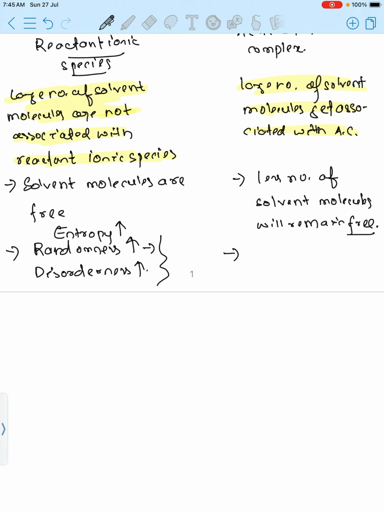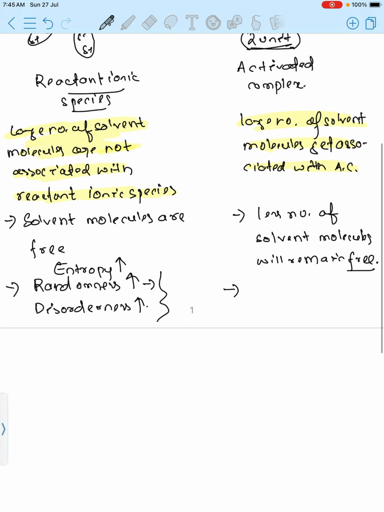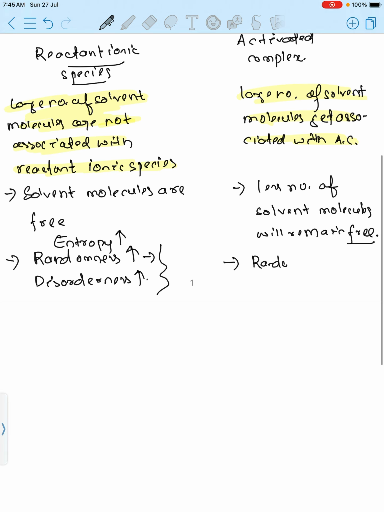But in the activated complex, as a very large number of solvent molecules get associated with the activated complex, very few solvent molecules will become free, very few are able to move freely. Therefore the randomness of the total system decreases. That is, the disorderness of the total system decreases. That is, the entropy decreases.